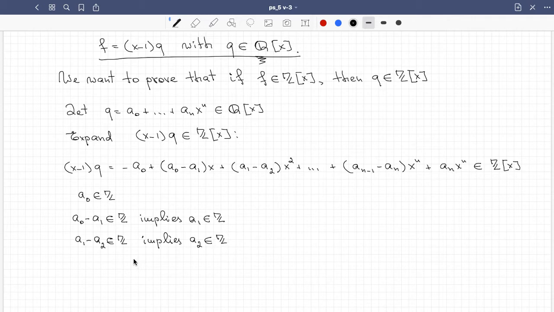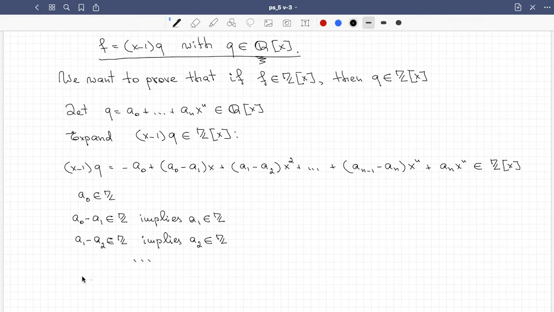And now it is clear how we proceed until the very end. No, we don't need that, because the very last is not this one.